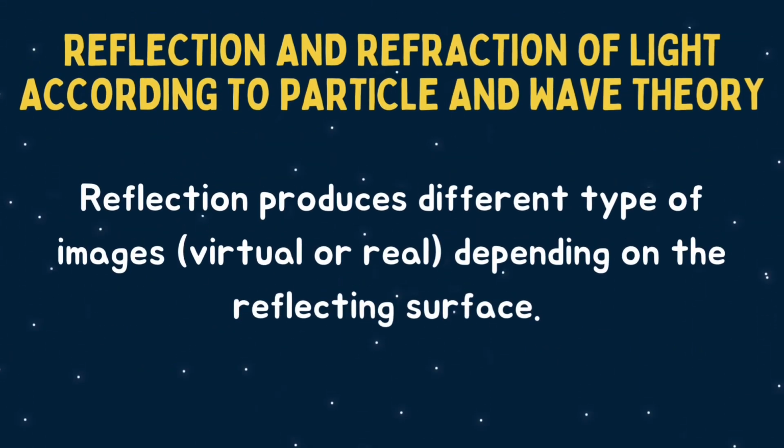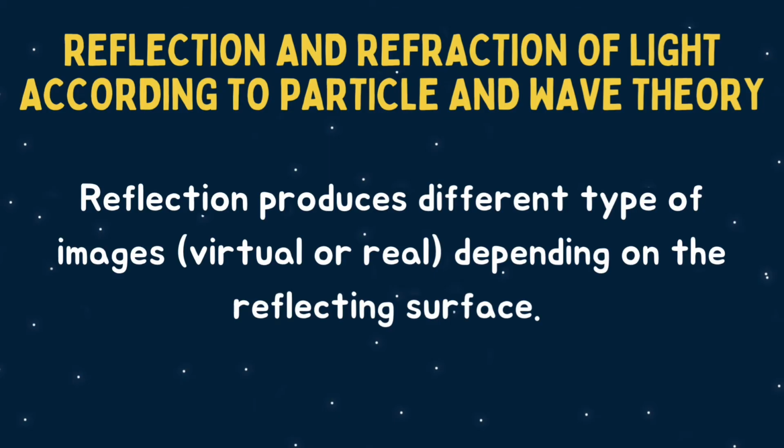So next is reflection, which produces different types of image, virtual or real, depending on the reflecting surface. Real images are formed when light rays after reflection or refraction converge at a point before a mirror or lens.